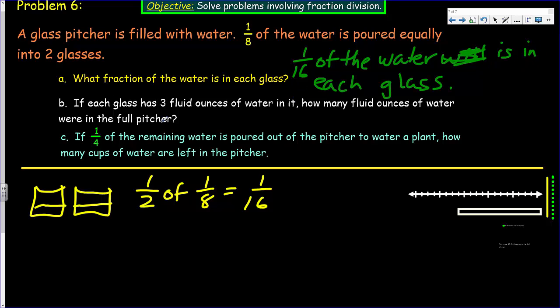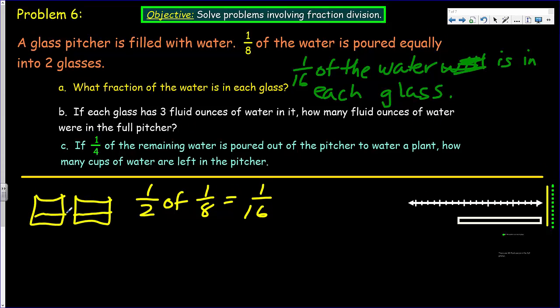That's as if each glass has 3 fluid ounces of water in it. How many fluid ounces of water were in the full pitcher? If 3 fluid ounces of water is in each glass right now, that would mean that 1/16, because that's what the fraction was, is equal to 3 ounces.